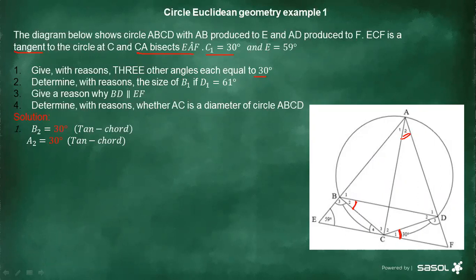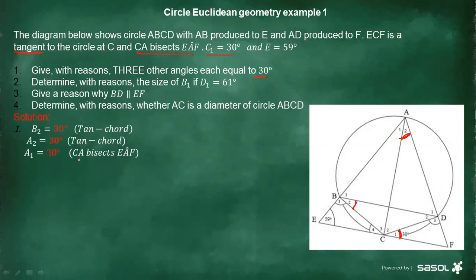All right, the reason is still the same, tan chord, but we have another way of answering this question. You can also say angle B2 equals angle A2. Reason: angles in the same segment, or we can say chord CD subtends equal angles, or arc CD subtends equal angles. Now the last angle is angle A1 equals 30 degrees.